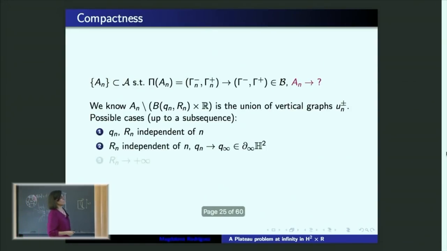The second case is imagine that the radius is uniform, exactly the same, but the cylinders are disappearing at infinity. This is what happens for translations of the catenoid. Okay, and this is going to be bad, as we'll see. This is the bad case. And the third one is imagine that these cylinders are larger and larger.